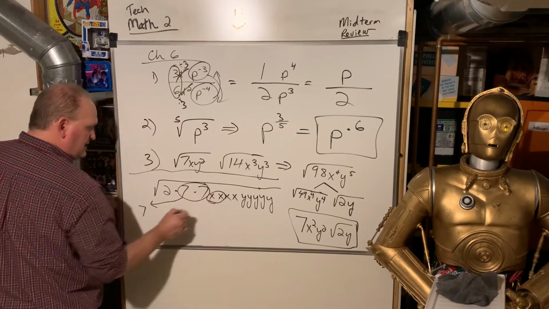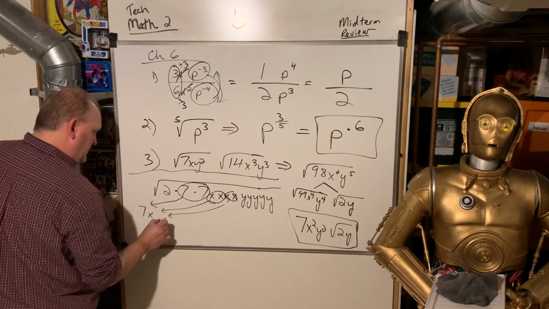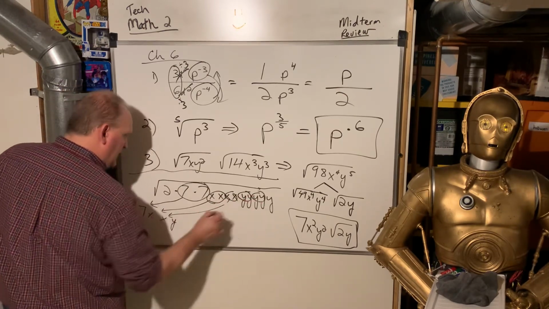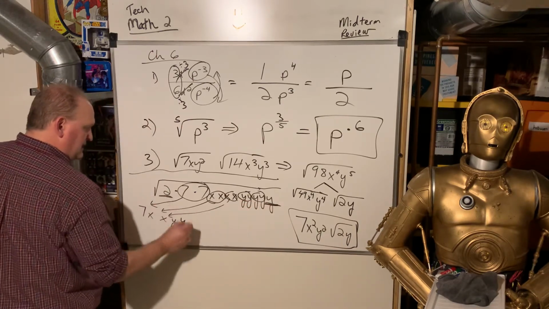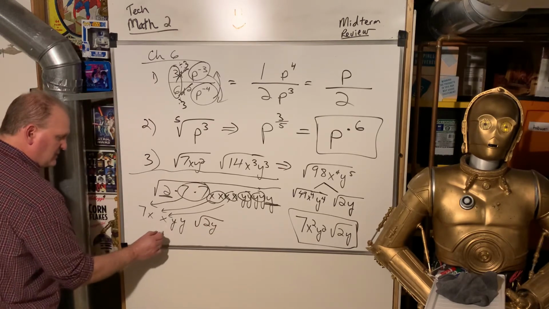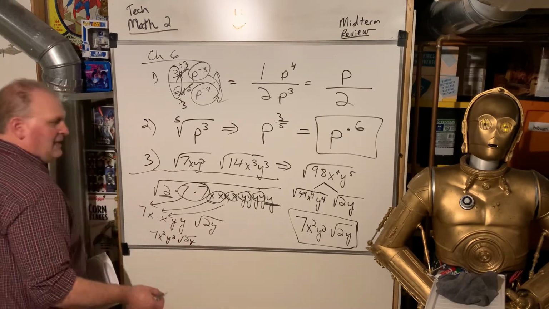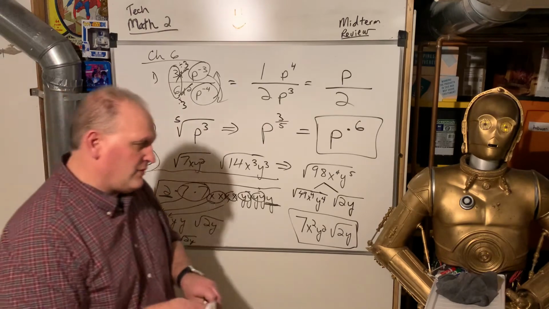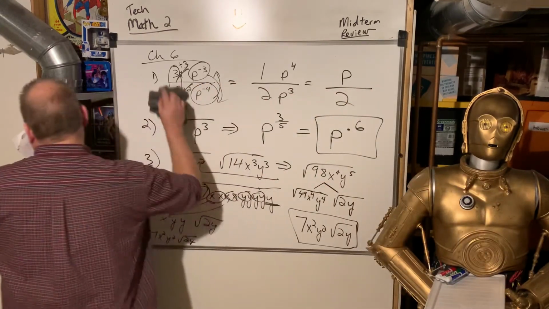Group of 2 x's, but only 1 lives. Group of 2 x's, only 1 lives. Group of 2 y's, only 1 lives. Group of 2 y's, only 1 lives. Stuck and stuck. Square root of 2y, and now multiply. So 7x squared, y squared, square root of 2y. Okay? Either way, you'll notice we get the exact same answer. So whichever way you prefer to do it, I'm fine with either way.